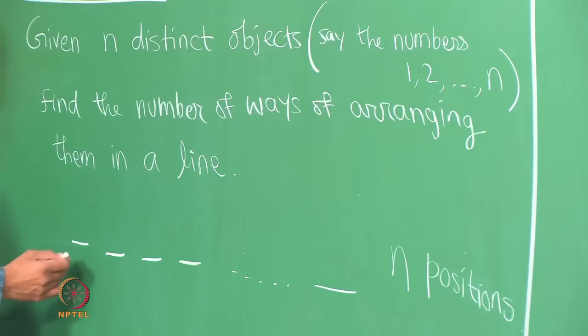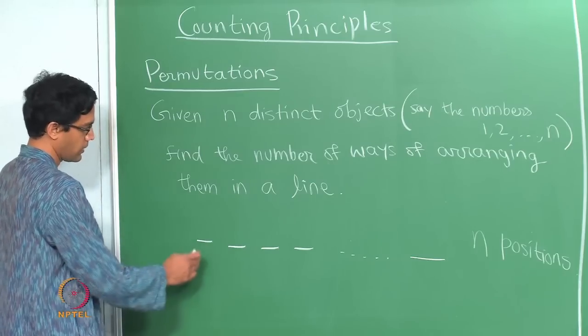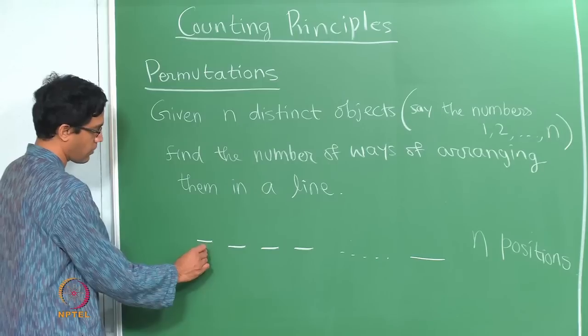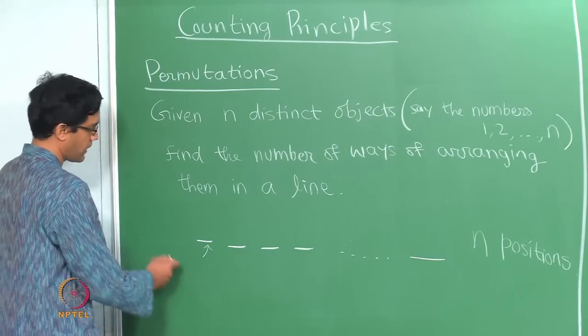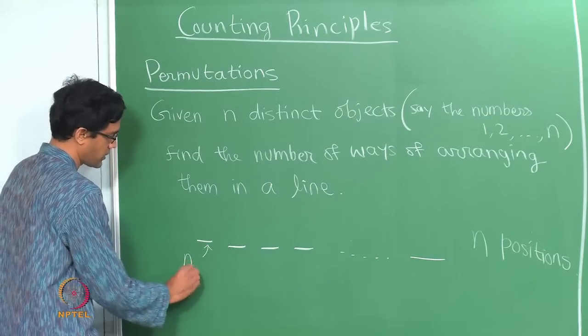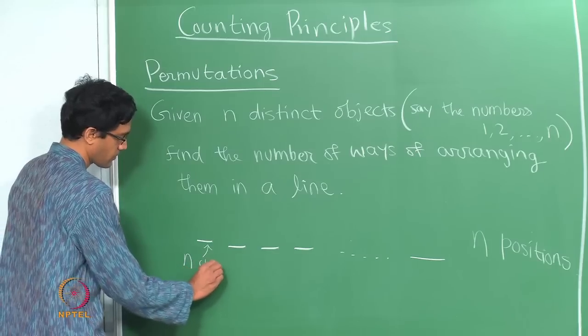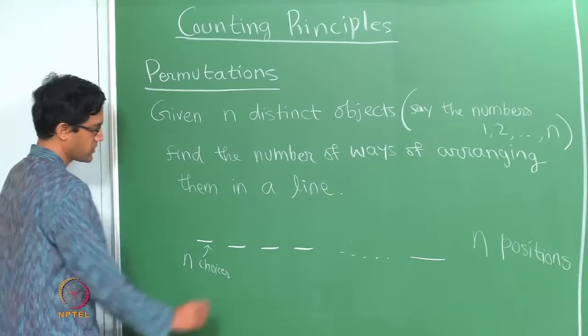So the number of ways of doing this is given by the usual counting principle, which is sometimes called the product principle. You first figure out how many ways there are of filling the first position. You can put any of the n distinct objects, so there are n choices for filling the first position.